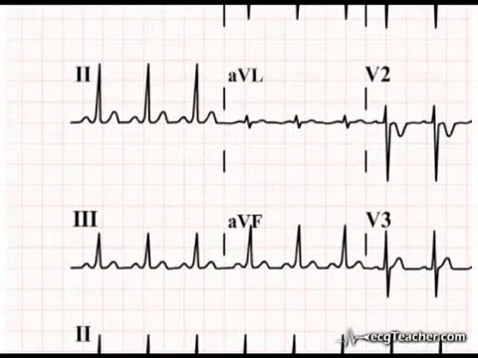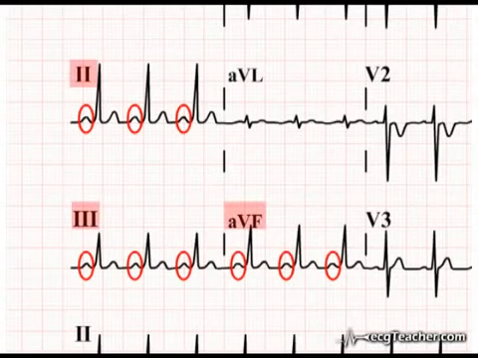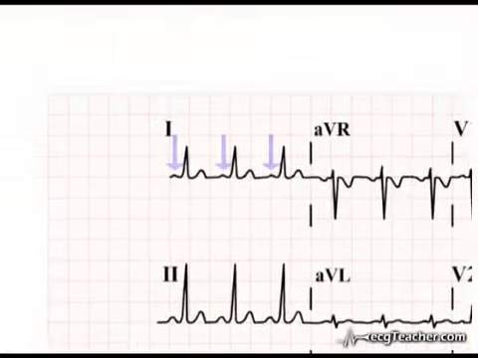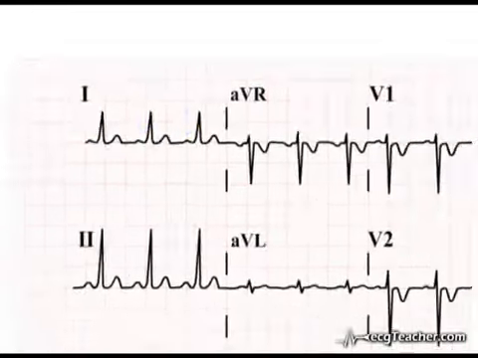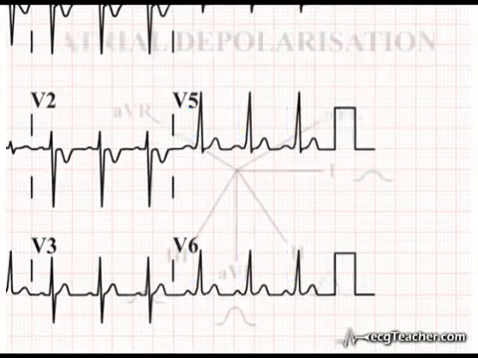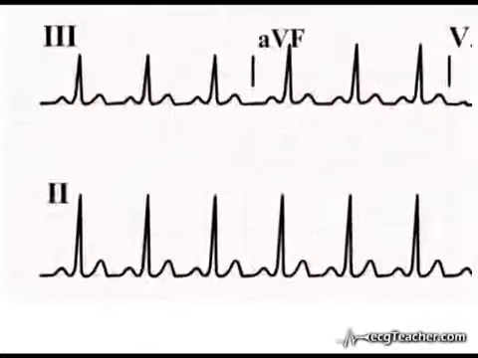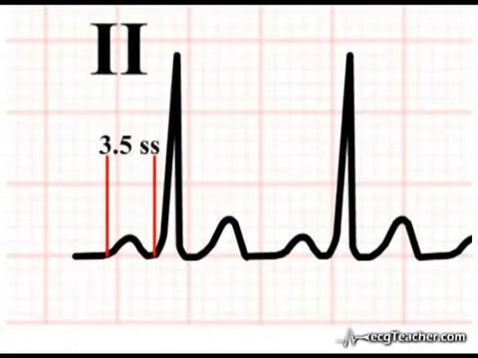We find upright P waves in both the inferior leads 2, 3 and aVF, and the left-sided leads, leads 1 and V5 and V6. This indicates that the bulk of atrial depolarization is proceeding downwards and to the left. Also, the PR interval is within the normal range.